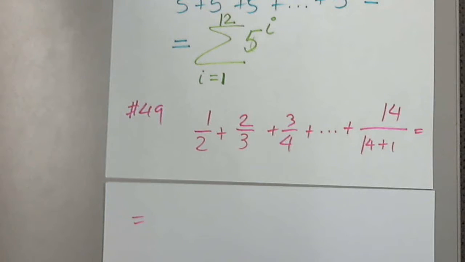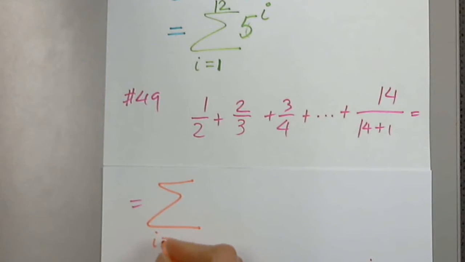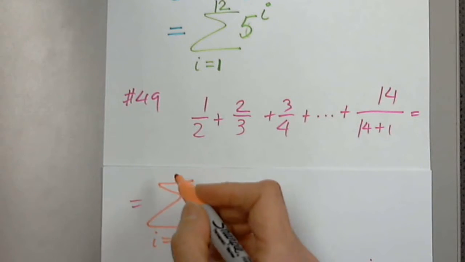What do I have to write first? Yes. From I equals 1. Till what? Very good. Awesome.